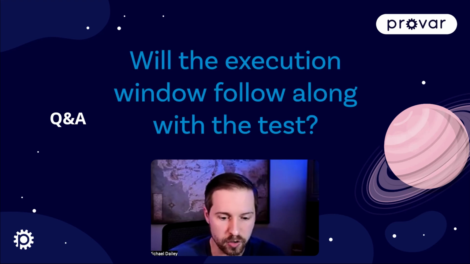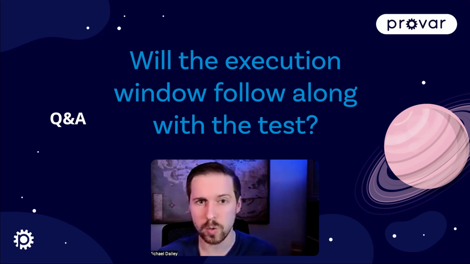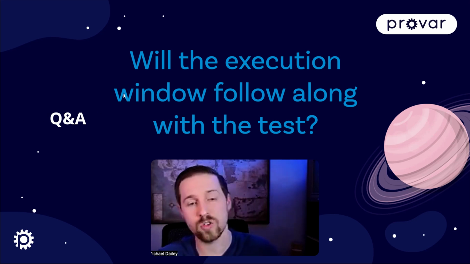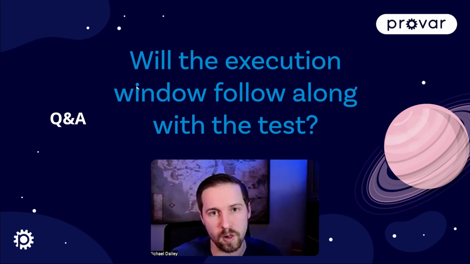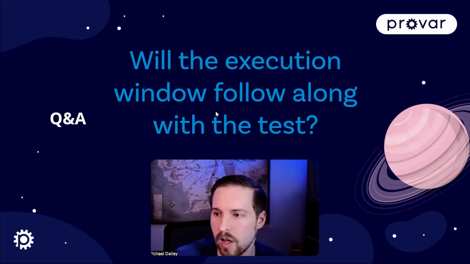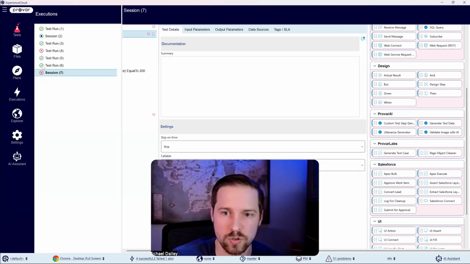Here's a question. Will the console now move with the step it is currently executing? I have lots of tests that are large, and I've noticed that the console never moves and just remains at the first step. I manually traverse through the console. I'm assuming you mean the execution window inside of Provar Automation. So it actually does auto expand and follow along with the test. So really quickly, just an illustration.